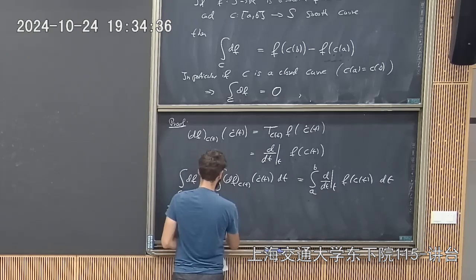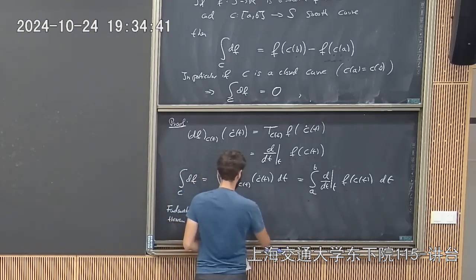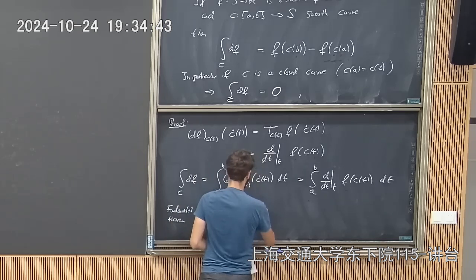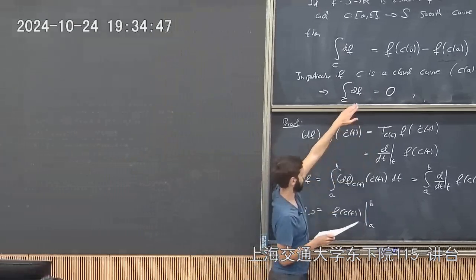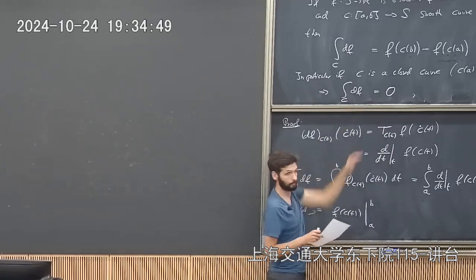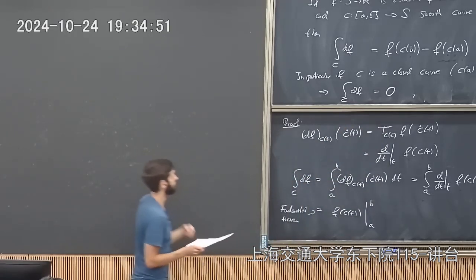So what we get is this function evaluated on the endpoints, and that gives you exactly the statement of the proposition.